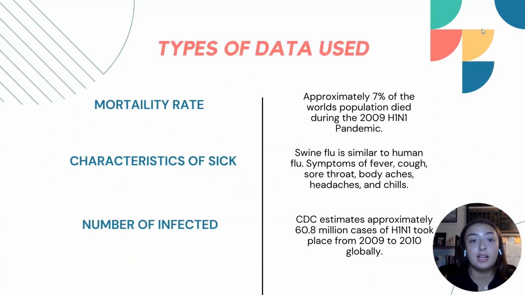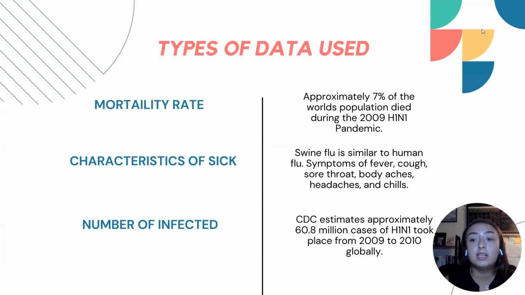The types of data that were used were mortality rate, characteristics of the sick, and number of people infected. Approximately 7% of the world's population died during the 2009 H1N1 pandemic. The characteristics of the flu were very similar to the seasonal flu, and the symptoms included fever, cough, sore throat, body aches, headaches, and chills.